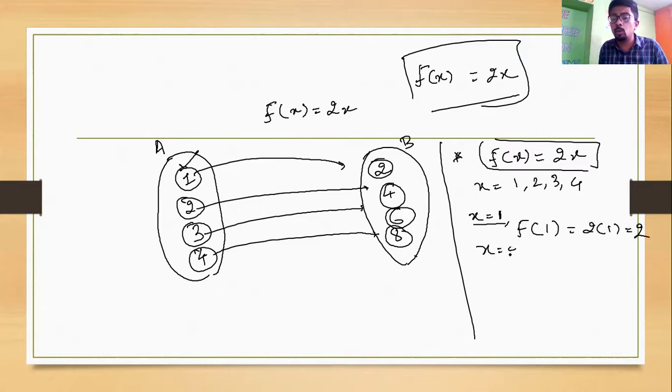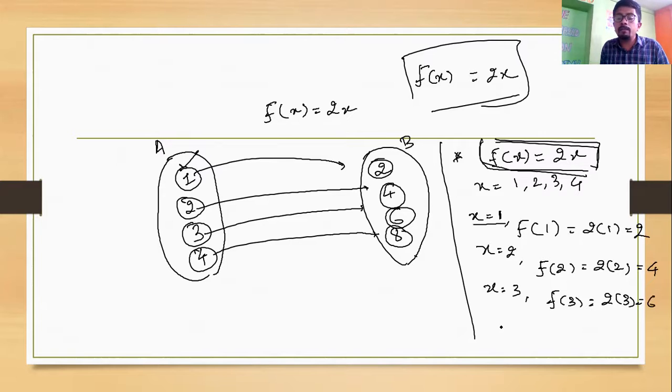When we take x equal to 2, f of 2 will be 2 into 2, that is 4. f of 3 is equal to 2 into 3, that will be 6. And f of 4 is equal to 2 into 4, that will be 8. So you are getting the same answer, 2, 4, 6 and 8, students.